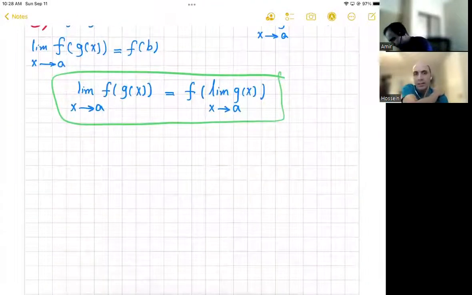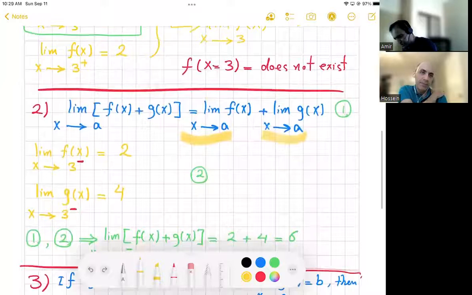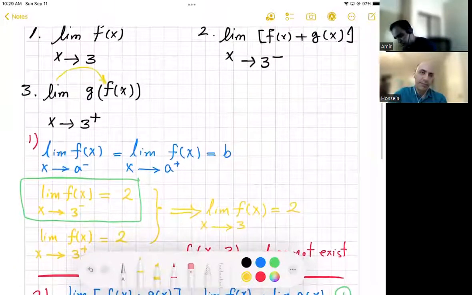Based on this theorem, we should first find the limit of the function that is inside. Basically, we're going to move from inside to outside. Here I'm going to move the limit to the inside.